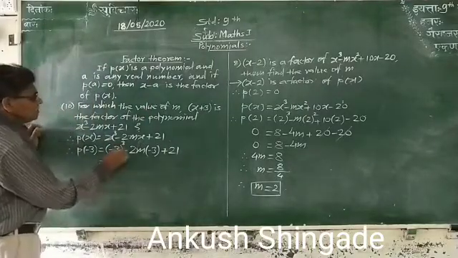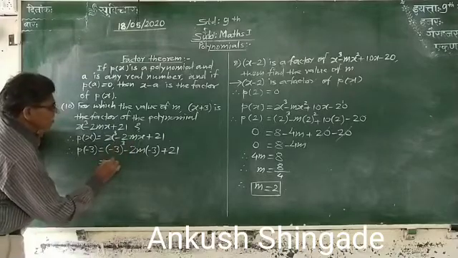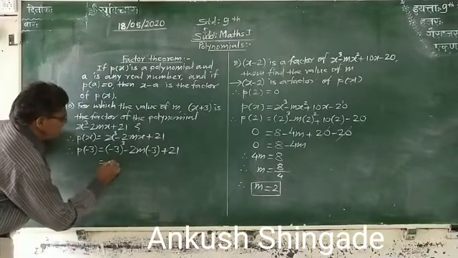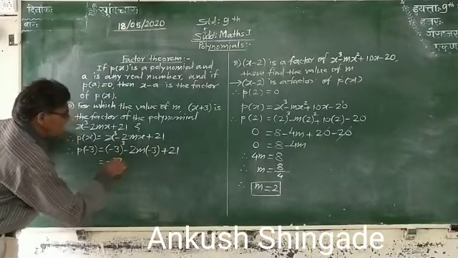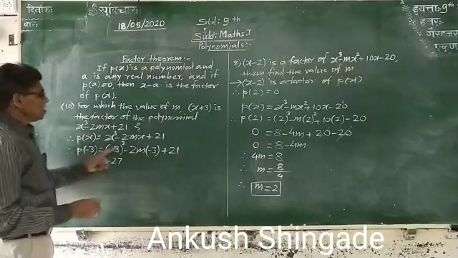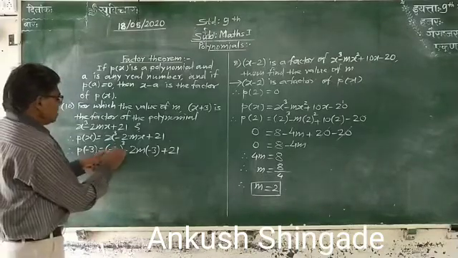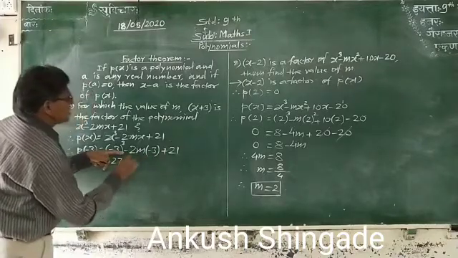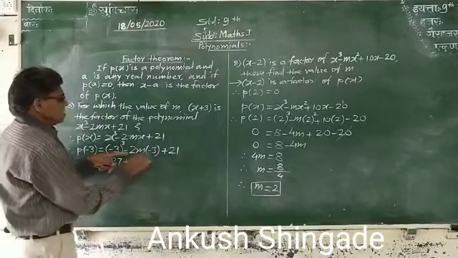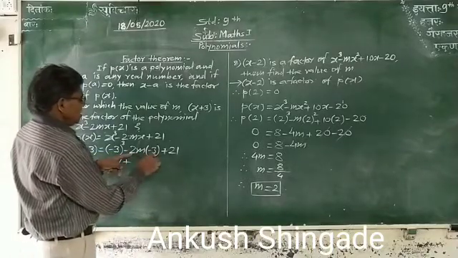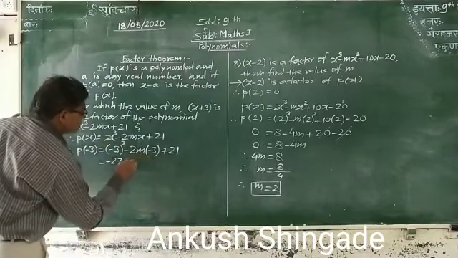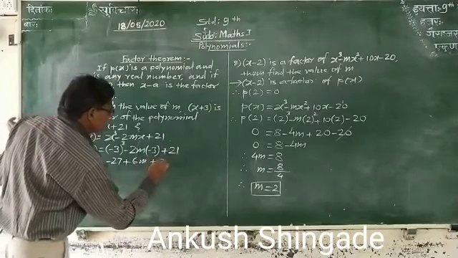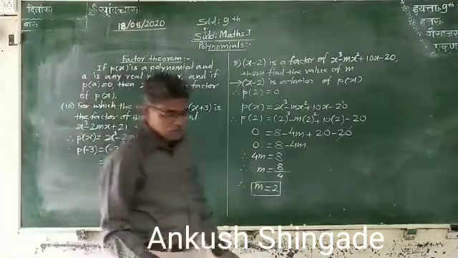Now after solving, minus 3 cube: cube of any negative number is always negative. So minus 27 is the cube of minus 3, and minus into minus gives plus, 2 into 3, 6m, plus 21.